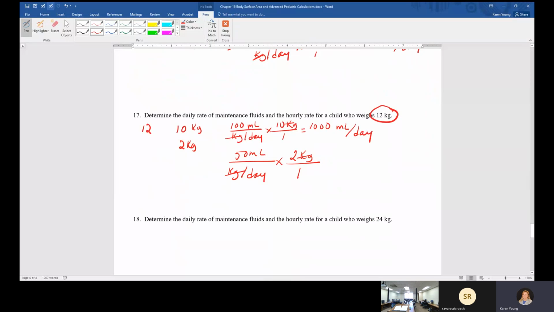So my kilograms cancel. He gets 100 milliliters per day. Then we add these, the 1,000 and the 100, he has a total of 1,100 milliliters per day.